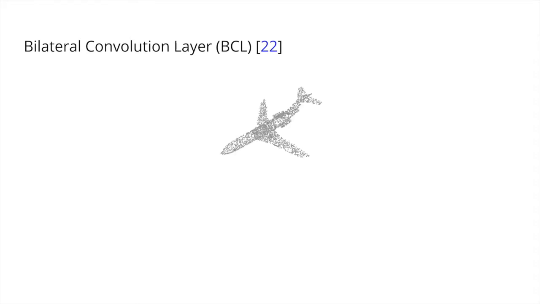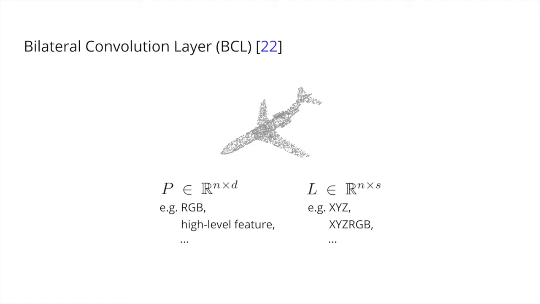For a point cloud with n points, the inputs to BCL consist of two sets of features: input features P and lattice features L. Input features P can be low-level features such as RGB colors and can also be high-level features generated by previous neural network layers. Lattice features L define the lattice space in which convolution will operate.